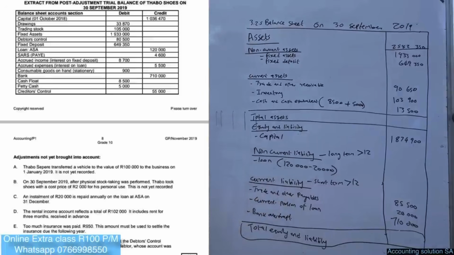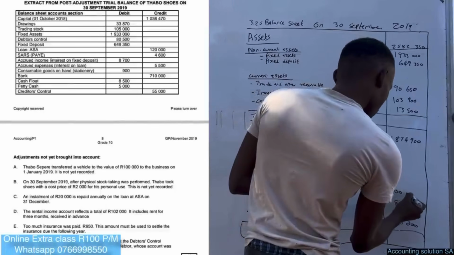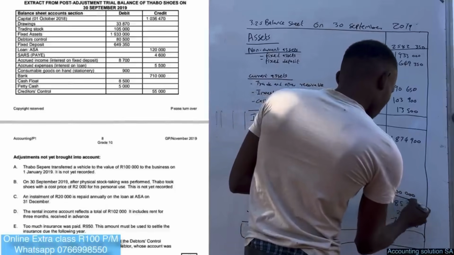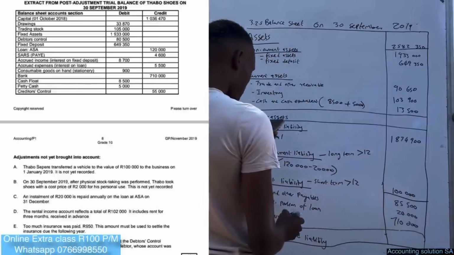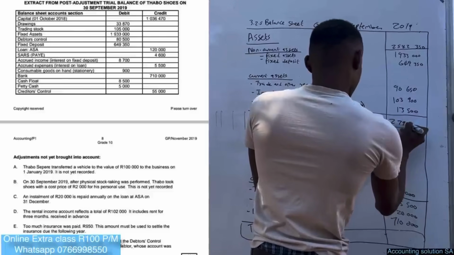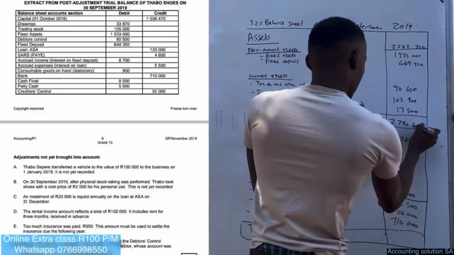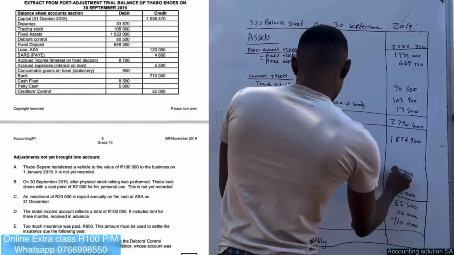Okay, now let's check which one we are left with. Capital we did, loan we did, everything. Then current liability amount is going to give us an amount of 100,000. Okay, total assets is going to give us 2,790,400, and the other one, current liability, this one.